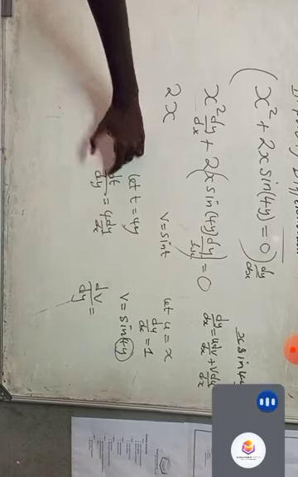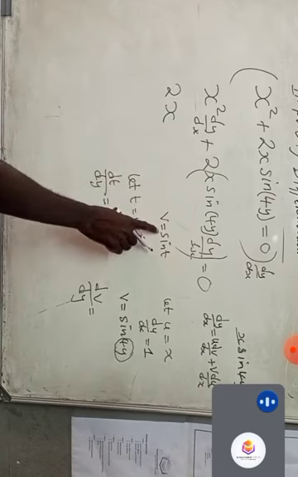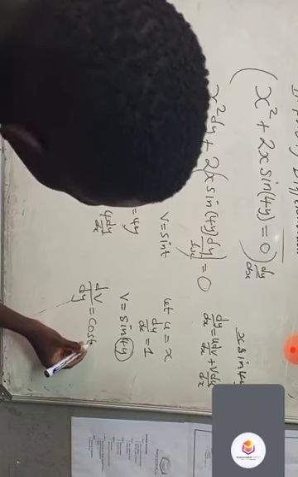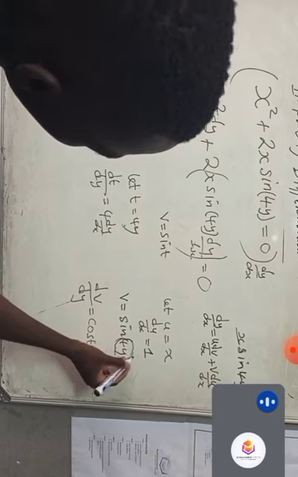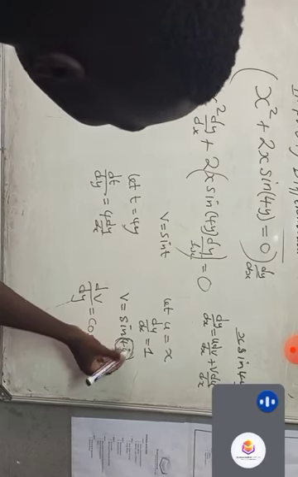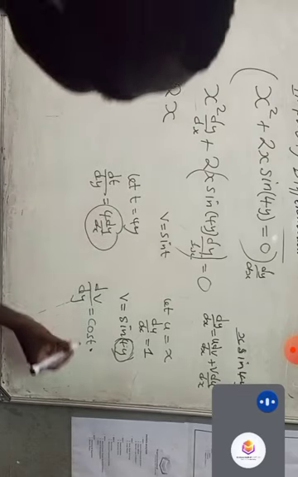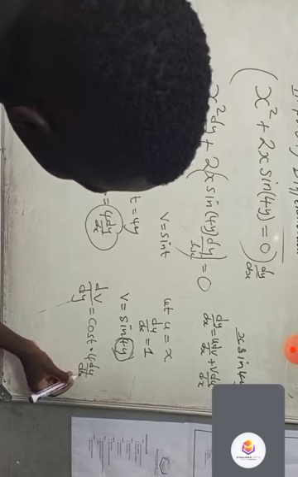And then again, differentiate v, sine t. When you differentiate sine t, you are going to have cos t. Then multiply this by the differentiation of what is inside, the differentiation of t, which is 4y. So we have 4 dy over dx.